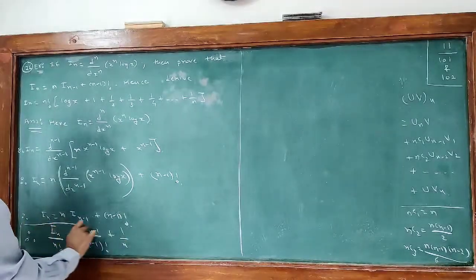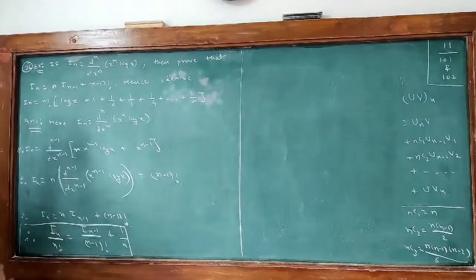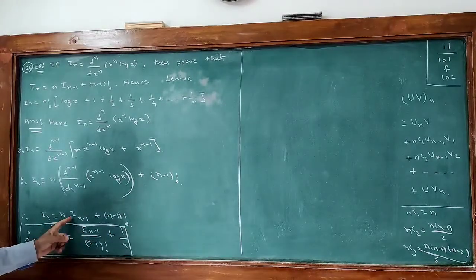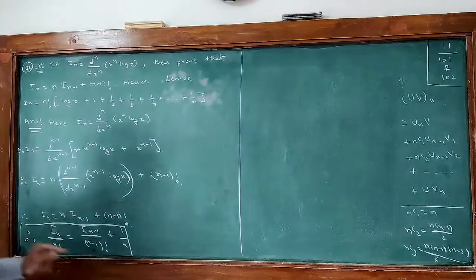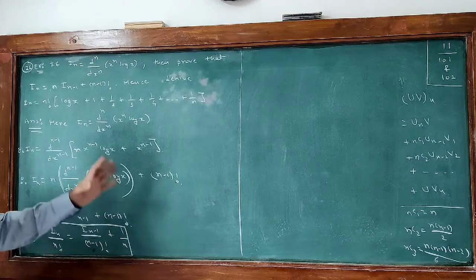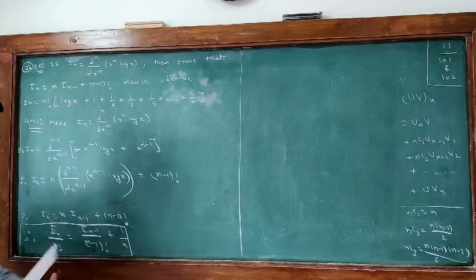And this is the standard equation for all n. Because if we divide this by n!, n will be cancelled and n minus 1 factorial remains, and in the other term (n-1)! cancels and 1/n remains.